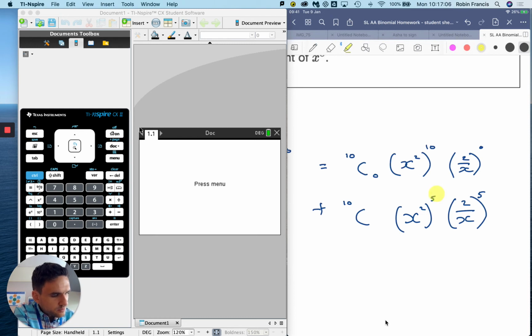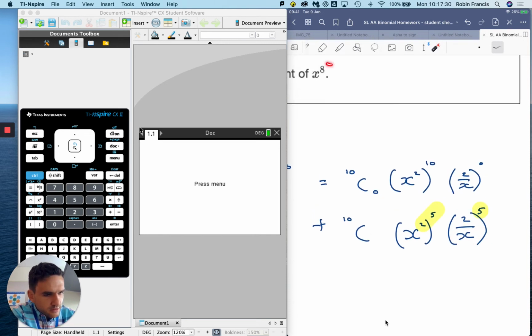If I were to work this out, it would be 5 multiplied by 2 giving me an x to the 10. And this 5 here would apply to both my 2 to the 5 and x to the 5. So it would be x to the 10 divided by x to the 5, x to the 5 in total, which is again not quite the x to the 8 that I wanted. So again we're going to have to adjust this.